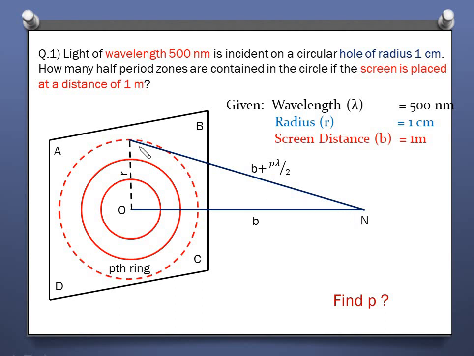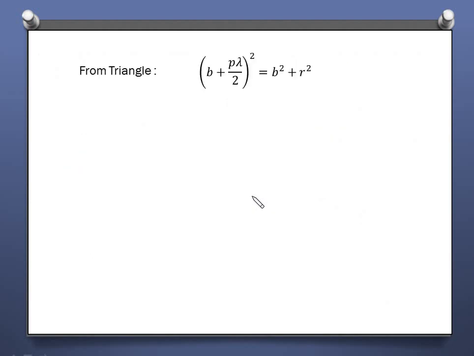Now from this triangle, we can easily write one equation, that is square of b plus p lambda by 2 equals b square plus r square. Now we can simplify this equation. b square will cancel from both sides. If you look at this term carefully, it contains lambda square, which is much smaller compared to the other two terms.